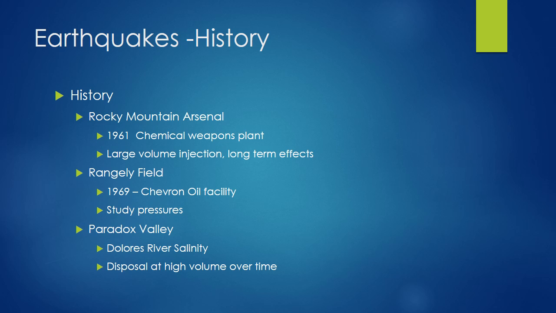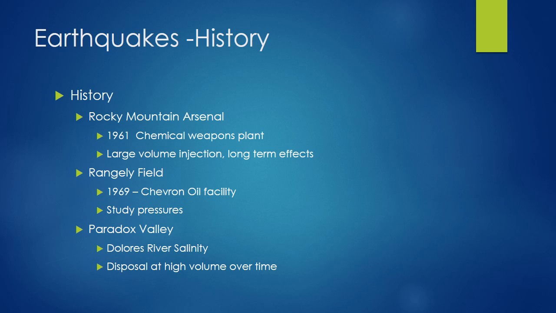Some history in regards to induced earthquakes is the first one recorded was in the Rocky Mountain Arsenal. This was the first signs of injection induced earthquakes in 1961. They were drilling and injecting into disposal wells for a chemical weapons plant at the Rocky Mountain Arsenal.